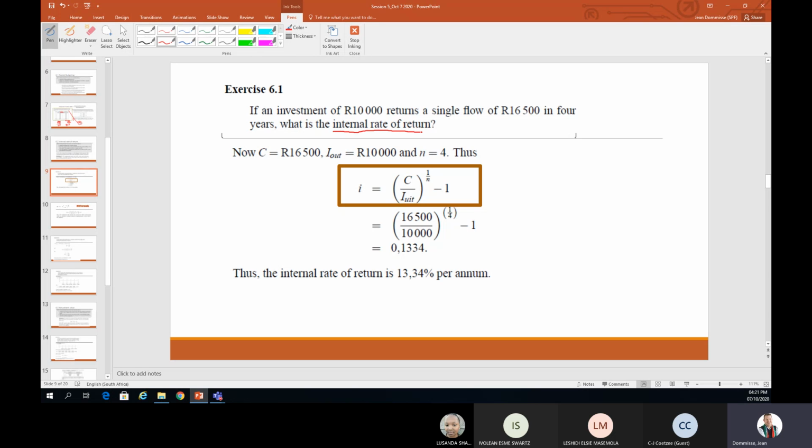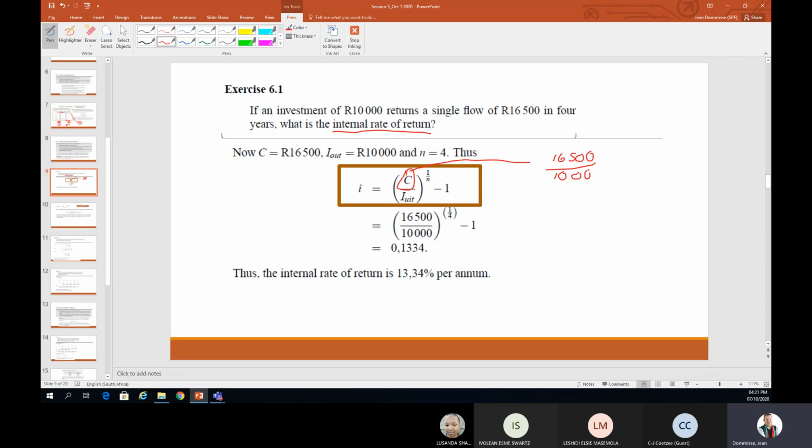But for the internal rate of return, that is basically the value that you will get, the 16,500 in 4 years' time. The investment that you made at the beginning is 10,000. So you will see sometimes they put it as the 16,500 over 10,000.